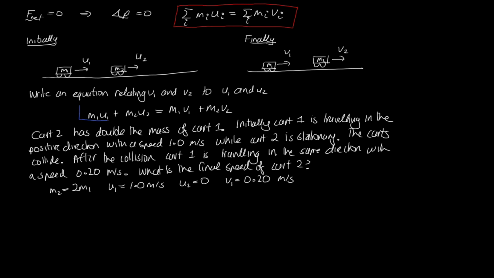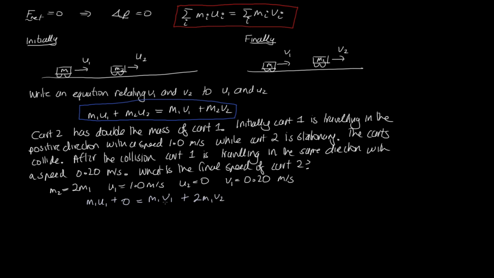Okay, so let's write down this equation for this situation. We've got m1 times u1 plus m2 u2, but u2 is 0, so I'm going to put this as 0, and that is equal to m1 times v1 plus m2, which is 2m1, so I'll put 2m1 times v2.